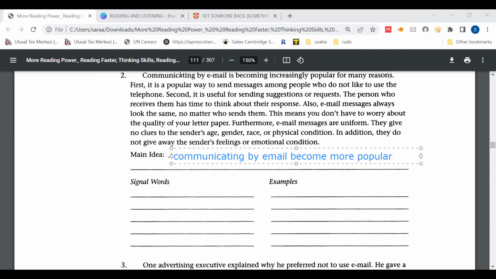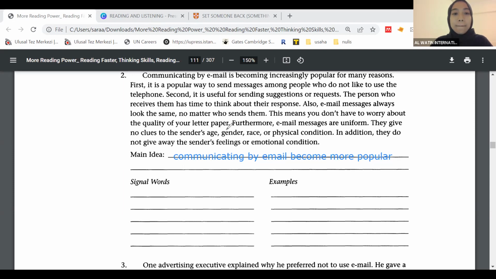Now, please find the signal words. The first one, remember for listing? Anyone find? The first one, first. Okay, what about the other signal words? Second, great.